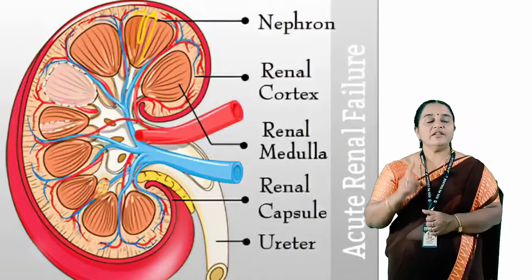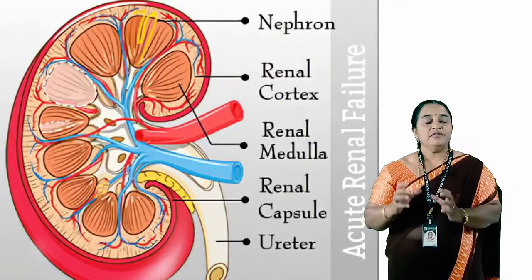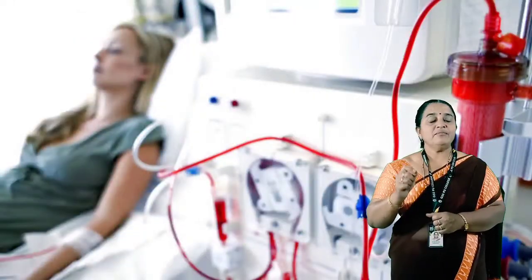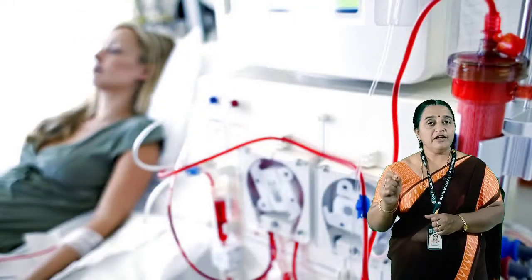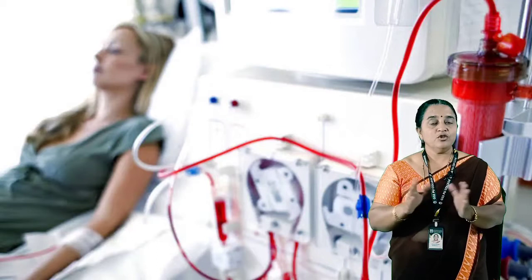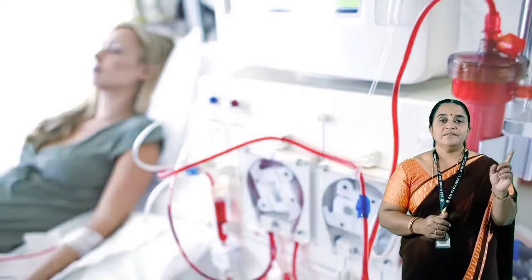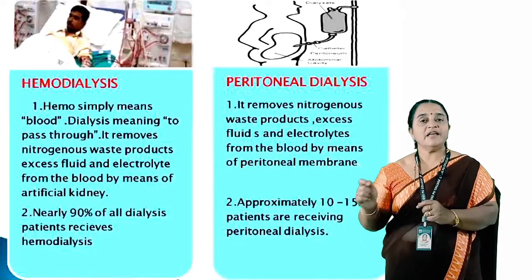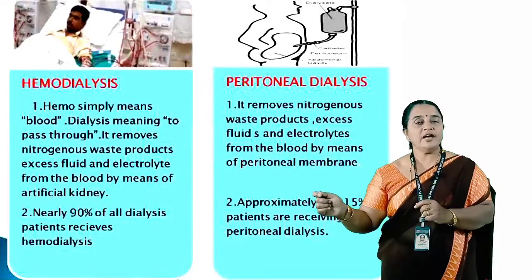For renal failure, there is only one remedy. We need to put the patient on dialysis. It is a treatment given to renal failure patients where there are two methods. One is hemodialysis and the other is CAPD, continuous ambulatory peritoneal dialysis.